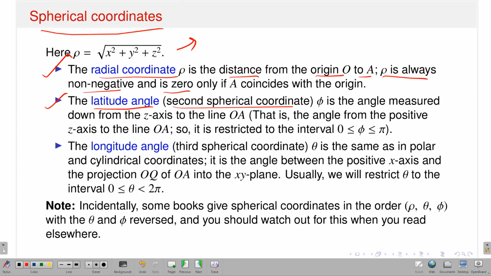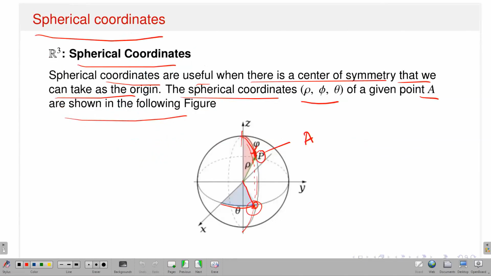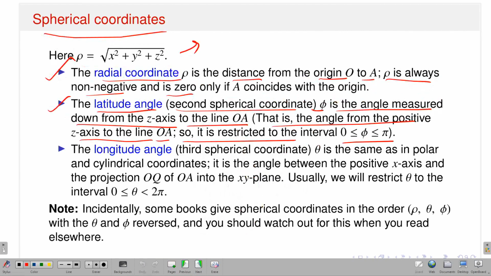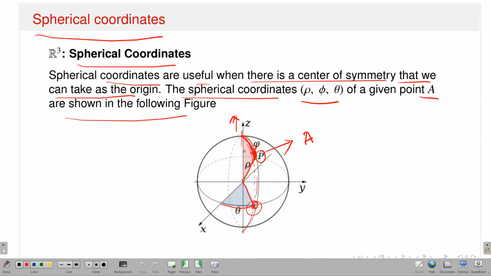It is the angle measured down from the positive z axis to the line OA, and it is restricted to the interval 0 to pi. Look at it exactly: this is the positive direction of the z axis, this is my point A, and this is the line. You take the angle from the positive z axis to the line joining O to A. I wrote P here by typo; it is the point A. Phi should vary from 0 to pi. This angle is called the latitude.